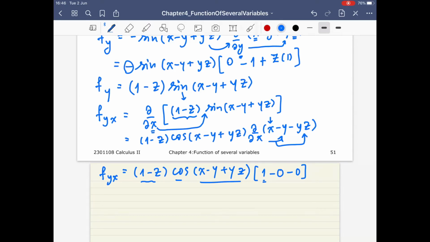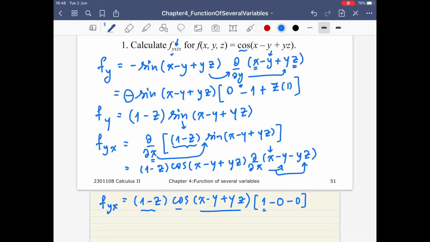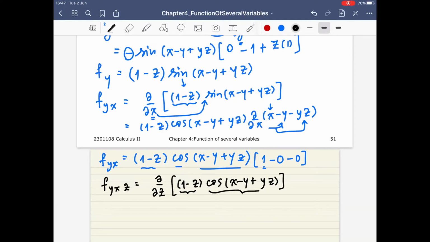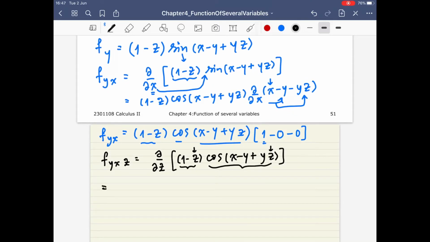Okay, so what's next? The third order that we need to find is the one with respect to z. So you have your f y x z. It is a derivative with respect to z of 1 minus z cosine of x minus y plus yz. So this one is a bit difficult because you see that you got 2 functions multiplied by each other. Both of them contain a variable z. Okay, so what you have to use is the product rule.